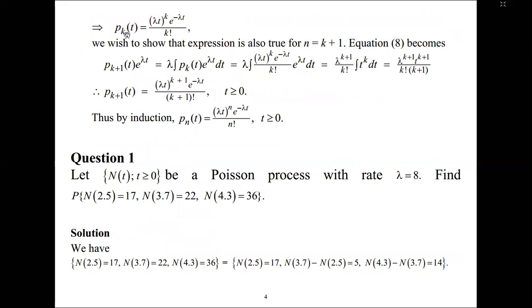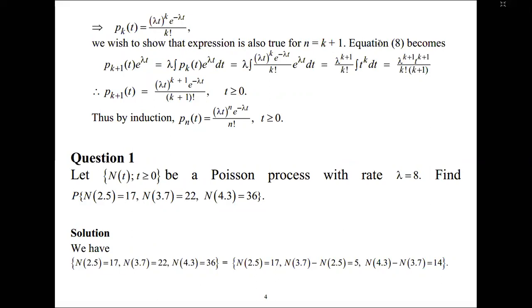Then it means we can write P of k in this form if we assume. So we wish to show that if it is true for n equal to k, then it is equally true for n equals k plus 1. So we wish to show that the expression is also true for n equal to k plus 1.